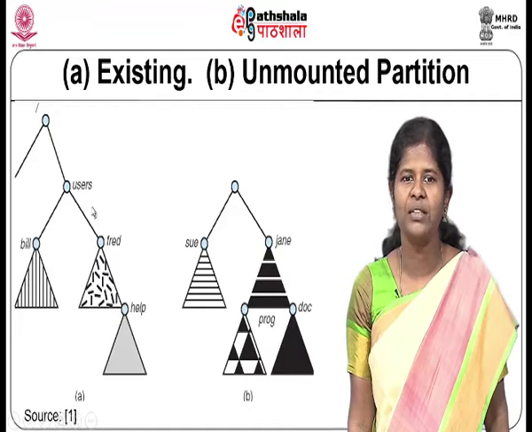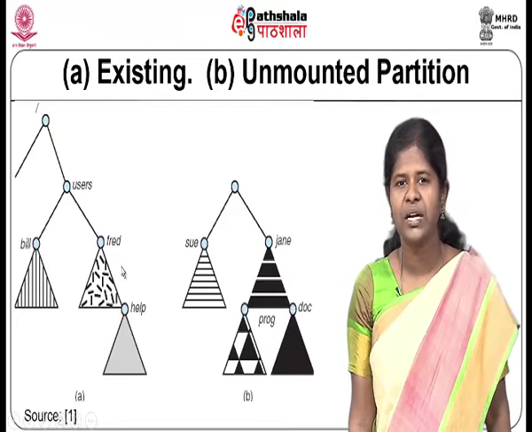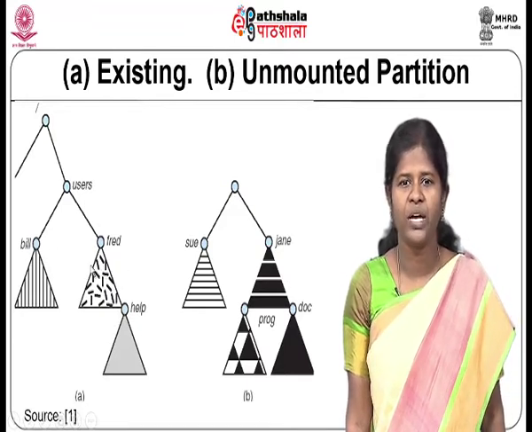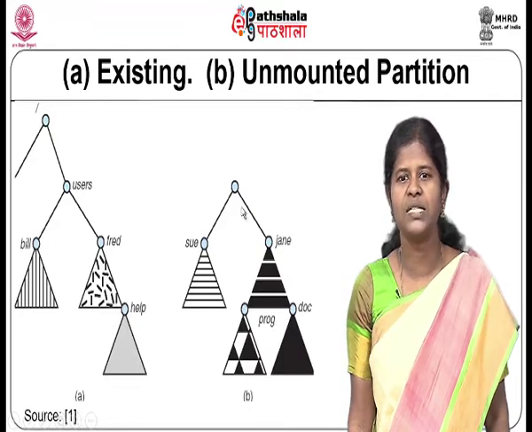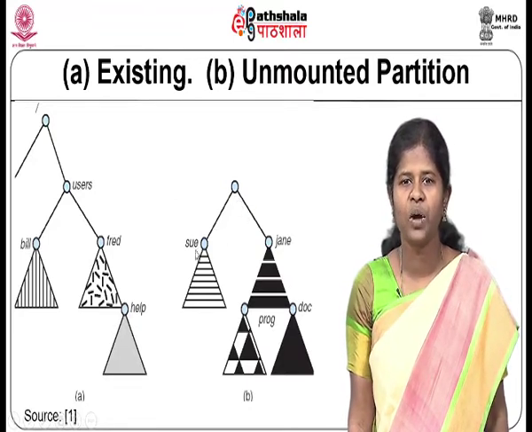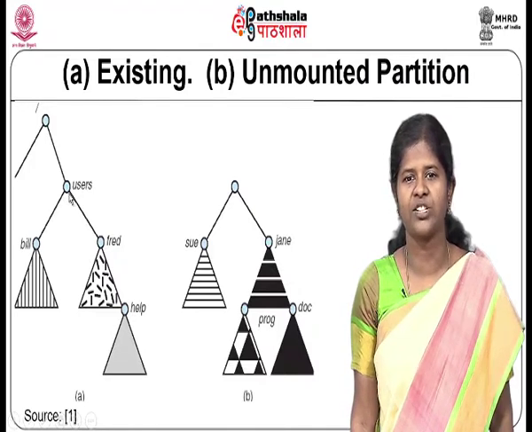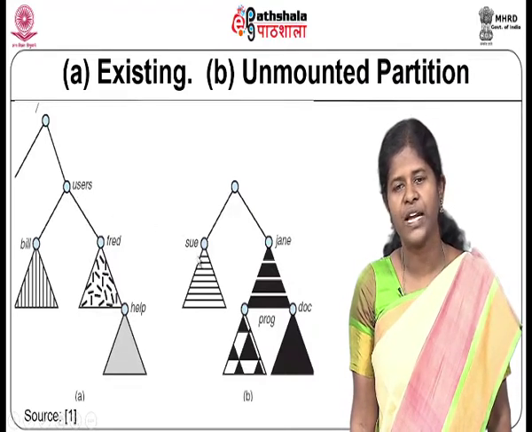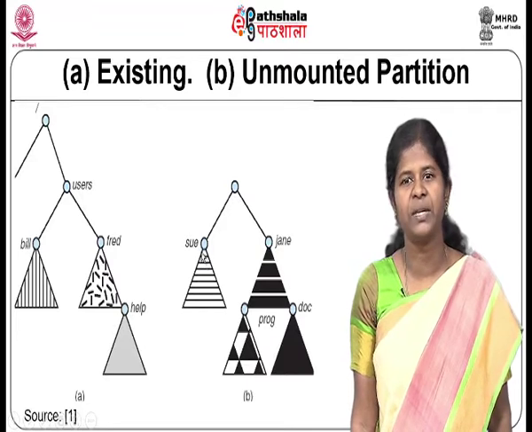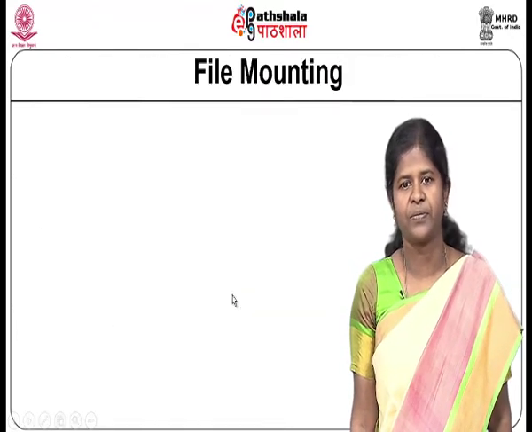Earlier you had the subdirectories Bill and Fred, but these subdirectories cannot be viewed now. After attaching this file system to the users directory, the subdirectories that can be seen will be Sue and Jane.